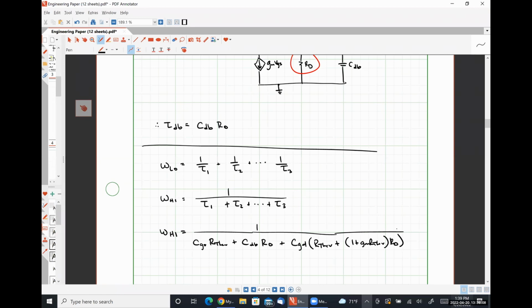If I put that loading network on there for high frequency circuit analysis, what would that do? That capacitor C out would look like a short circuit, and that resistance R load would be in parallel with RD effectively. So that's the level of complexity that I'm expecting.